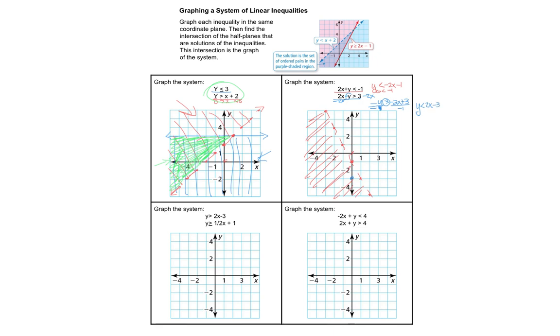So go to -3, slope is 2, up 2 to the right 1, or down 2 to the left 1. So dash line, and everything's less than. Okay, so we're going to be going this way. It's underneath the line.